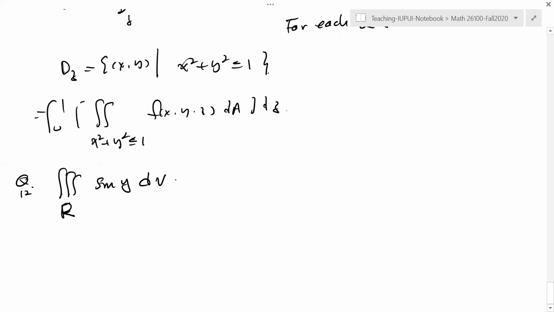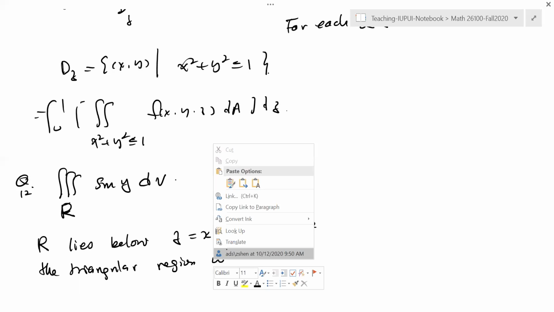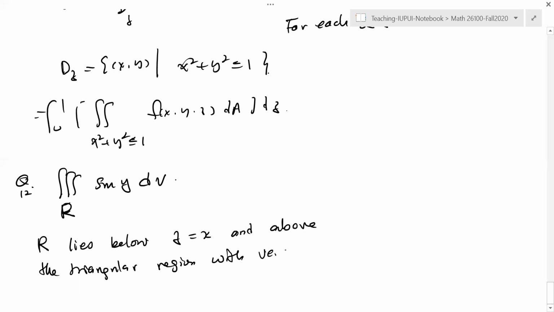Now let's describe E. E lies below the plane z equals x and above the triangular region with vertices (0, 0, 0), (pi, 0, 0), and (0, pi, 0).